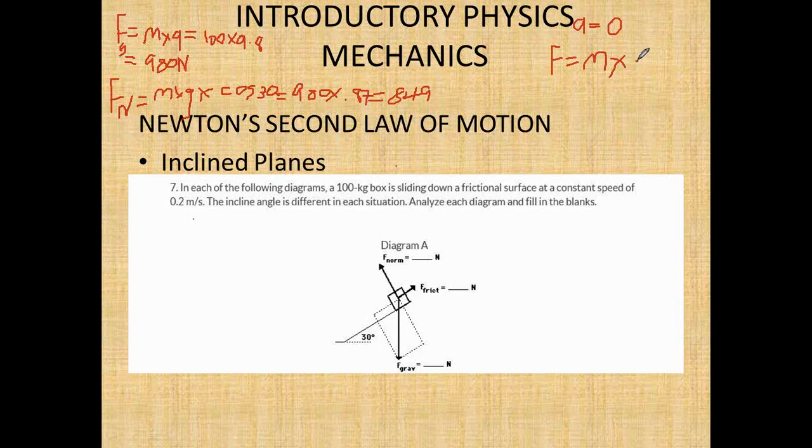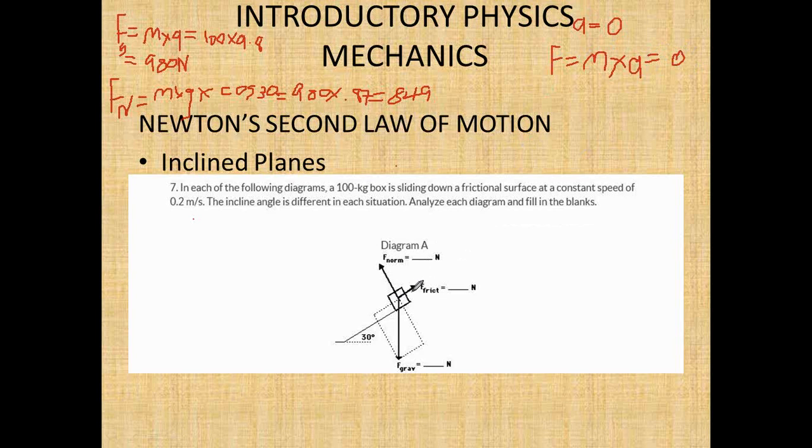So Newton's second law says that the net force will give you acceleration. But they tell you that it has a constant velocity, so the acceleration is zero. So what they're telling you is that the net force is zero, right? Because acceleration is zero, so the net force is zero.